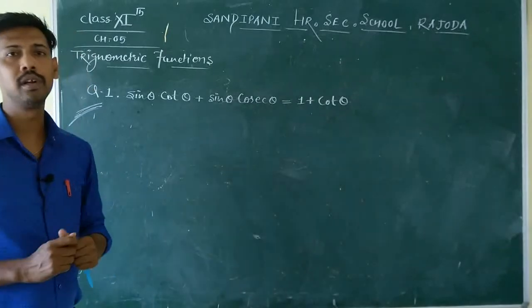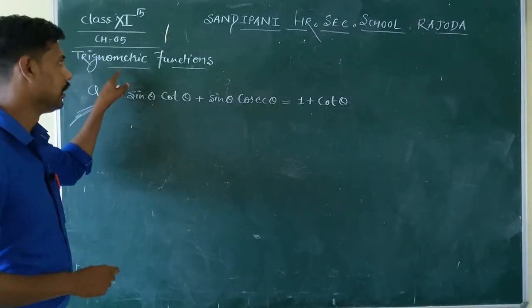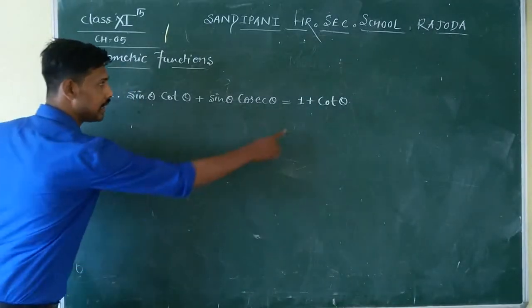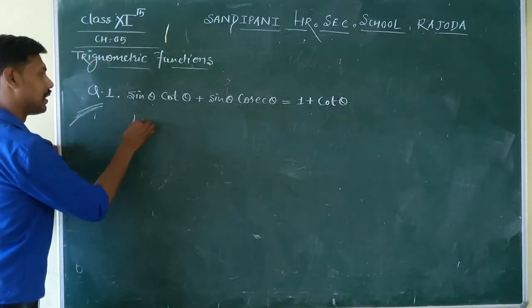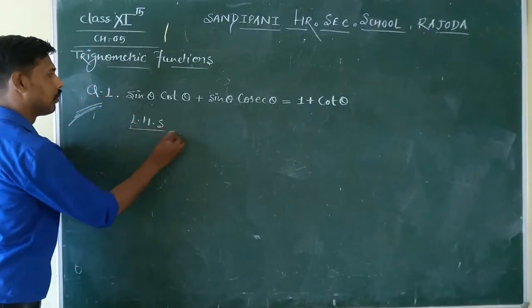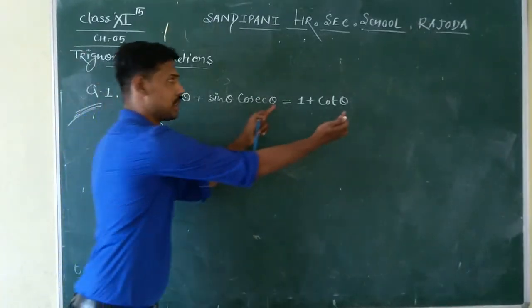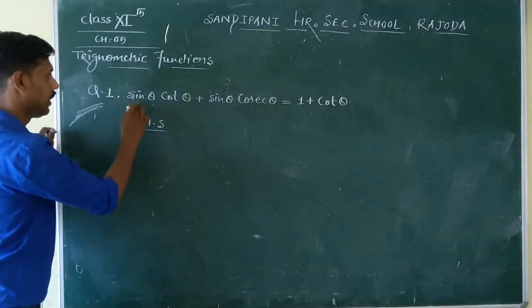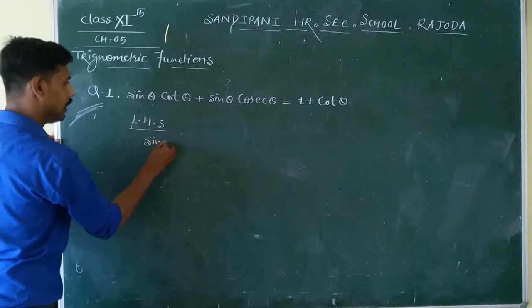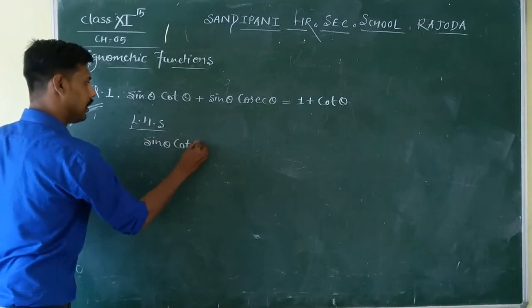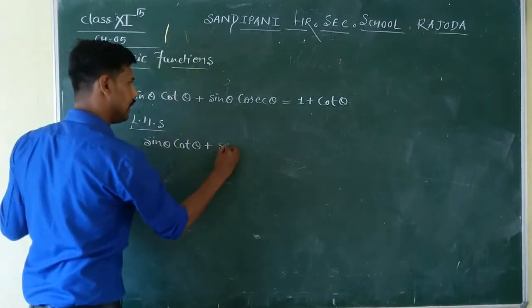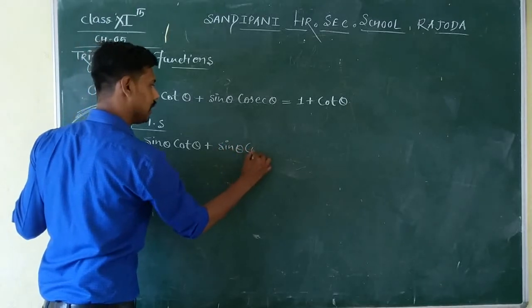According to the fundamental theory of trigonometry, in the case of the LHS and RHS we take the largest term. According to question number first, the length of the LHS is more as compared to the length of the RHS, so we take LHS: sin theta cot theta plus sin theta cosec theta.